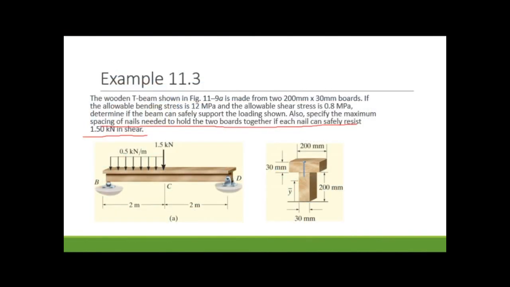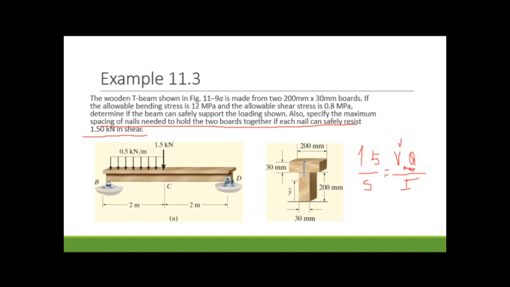Here it is. So my nail strength is 1.5. We don't know the spacing, I put S. Therefore it should be Vmax times Q divided by moment of inertia.